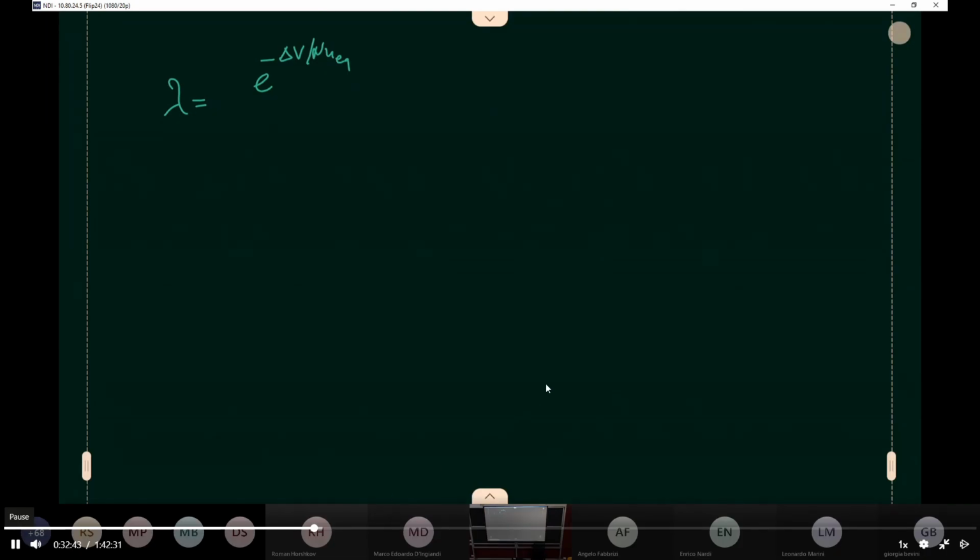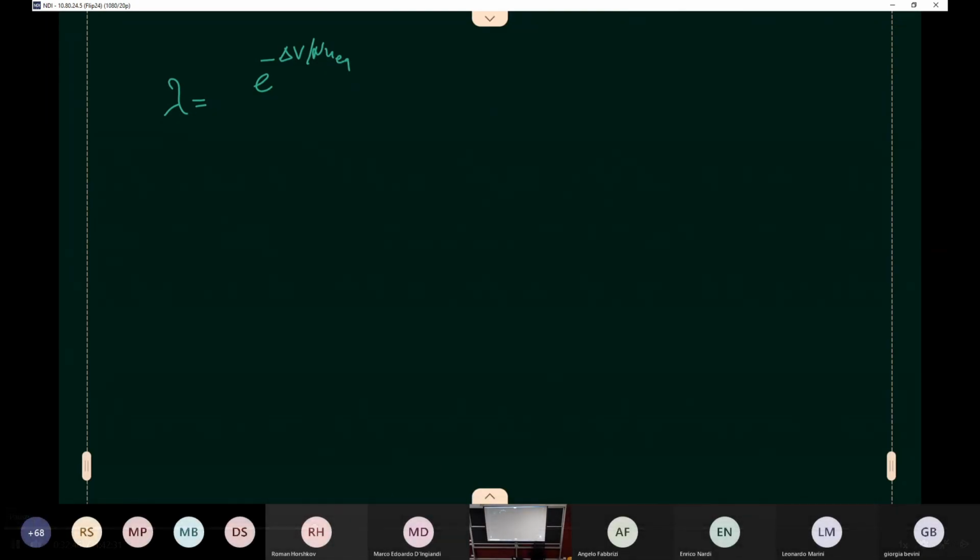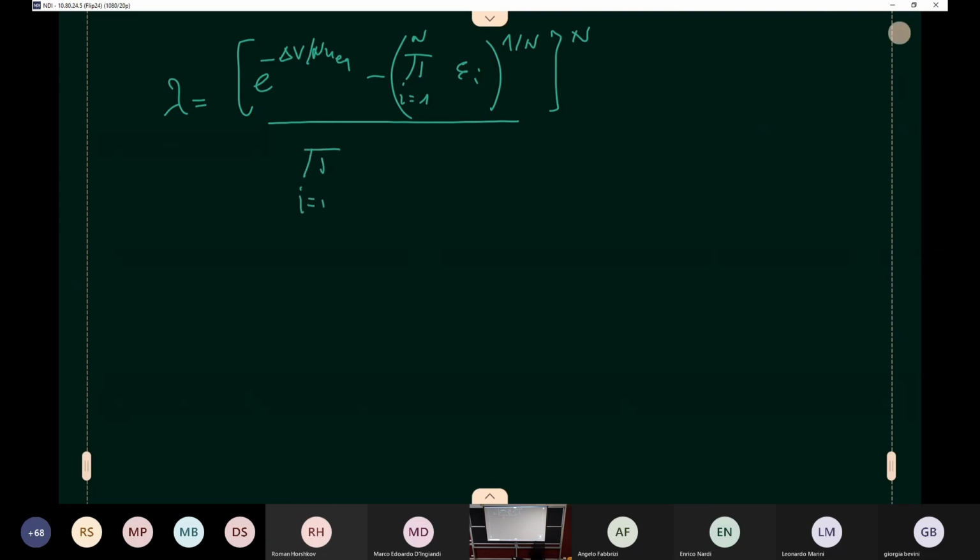So we have considered that there was a denominator, so where it was 1, now there is the product i equals 1 to n of epsilon I, and all this is to the power n, and a denominator. I have this.